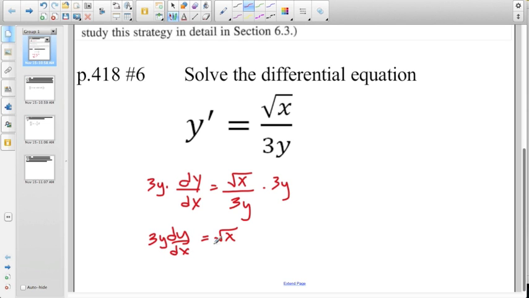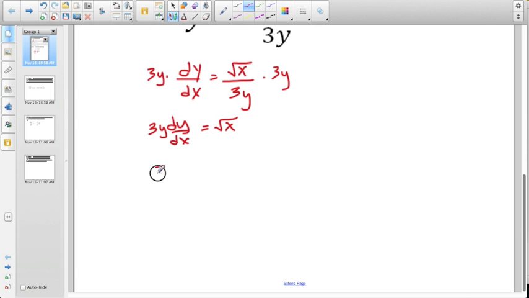Then we re-express the differential dx over here on the right-hand side by a process very similar to multiplying both sides by dx, although it's not exactly that, but we can kind of think of it in that nature.